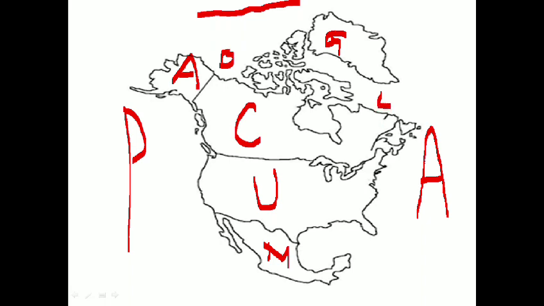Towards the east side of Florida, above the Cuba region, we have the Sargasso Sea, a sea within the sea, or sea surrounded by sea, or sea without a sea coast.